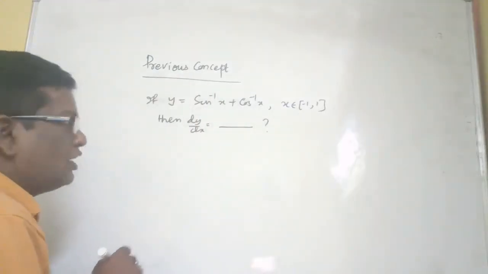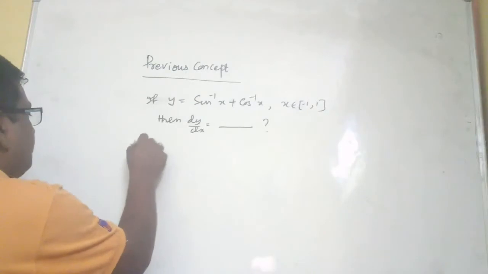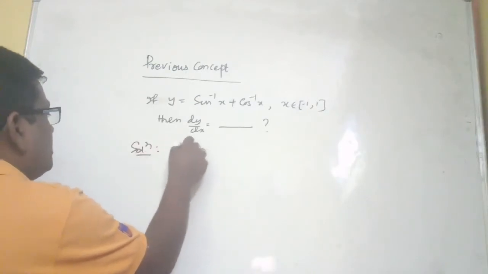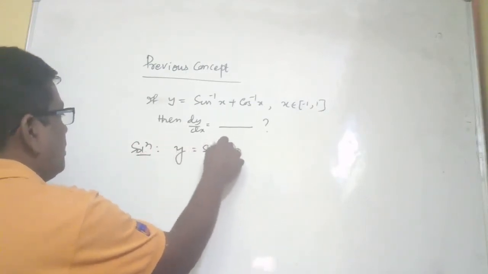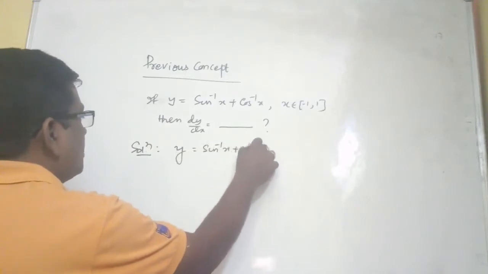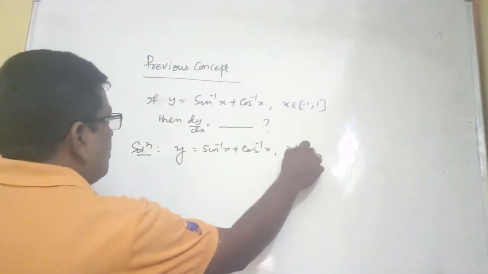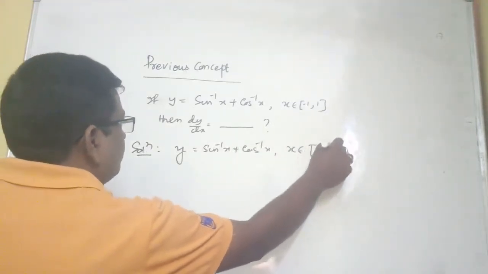We know, as you know, the solution. So y is equal to sin inverse x plus cos inverse x, and x belongs to -1 to +1.